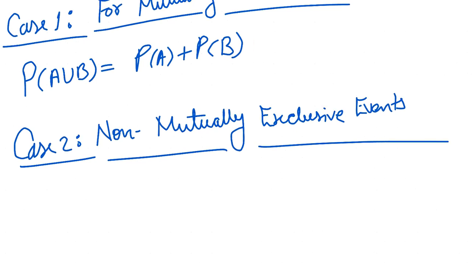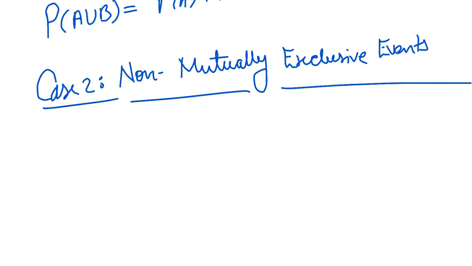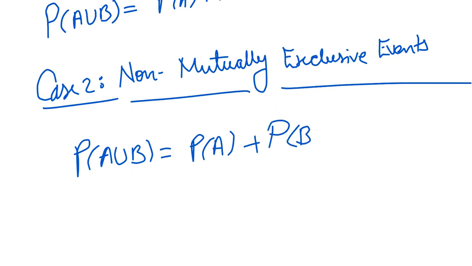Then we will take that together also. P(A union B) is the probability of A plus the probability of B minus the probability of A intersection B. This is the addition rule.